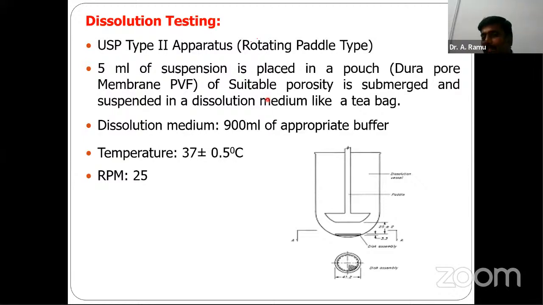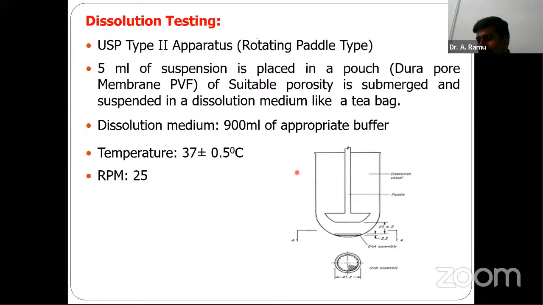After taking the samples, I have to analyze them by means of an appropriate analytical method and determine the amount of drug present, and in this way the amount of drug that converts into solution form per unit time can be determined by the use of dissolution testing. Of course, this is also not official, but we'll be using the official apparatus, that is USP type 2 apparatus.